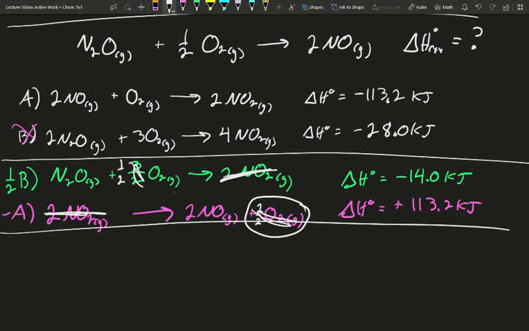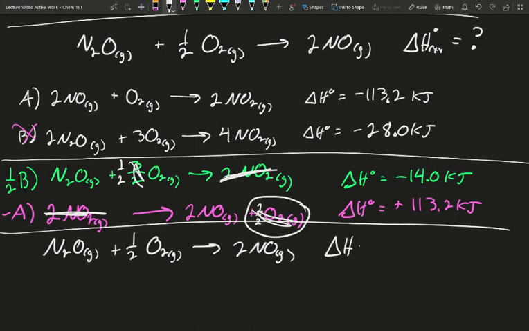So 3/2 minus 2/2 will leave you with 1/2. Go and combine these. My N2O gas, my 1/2 remaining dioxygen on the left, and my 2 NO gases on the right. By modifying these 2 reactions this way, one being flipped, one just being cut in half, and then combining them, I create the equation I want.